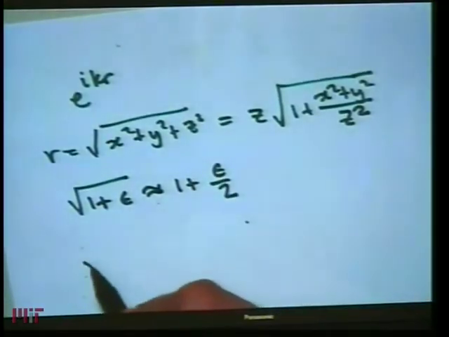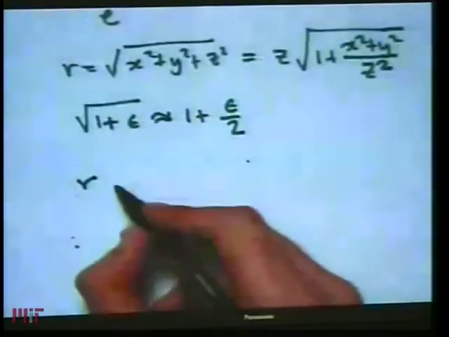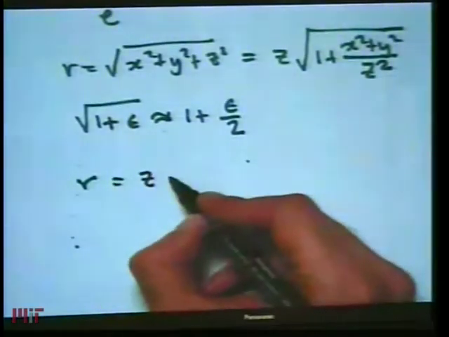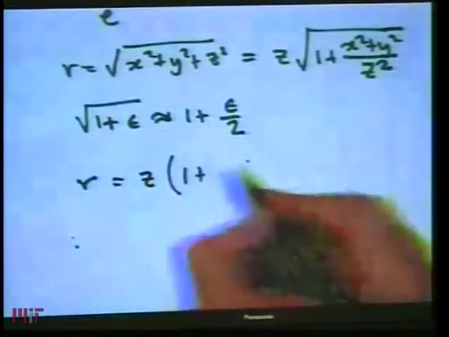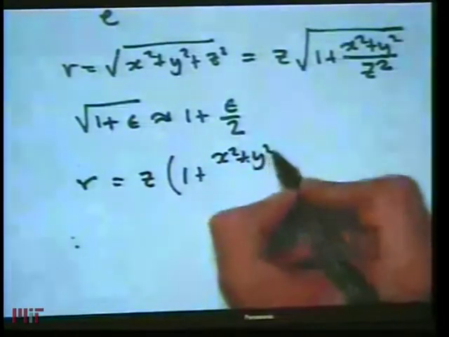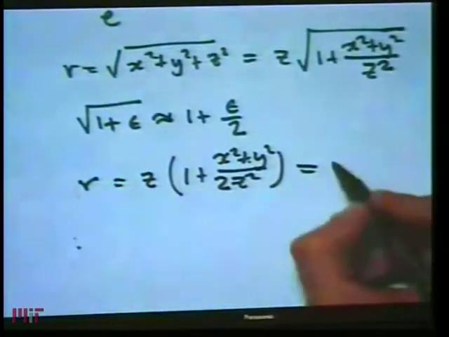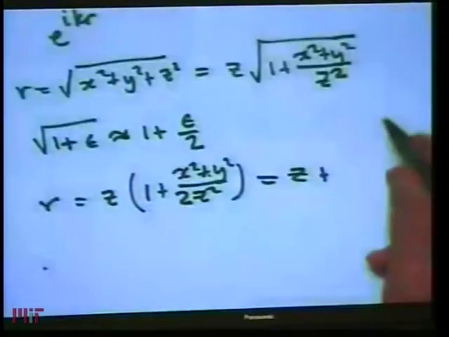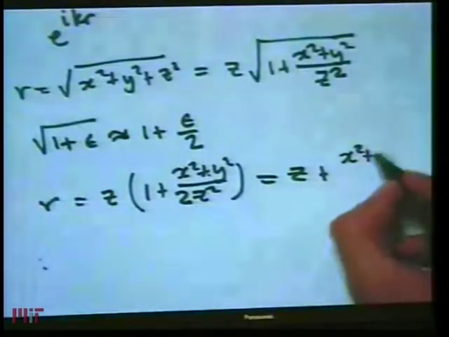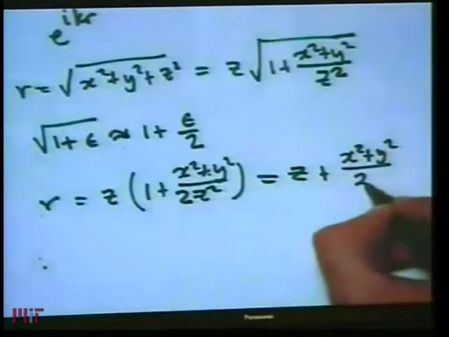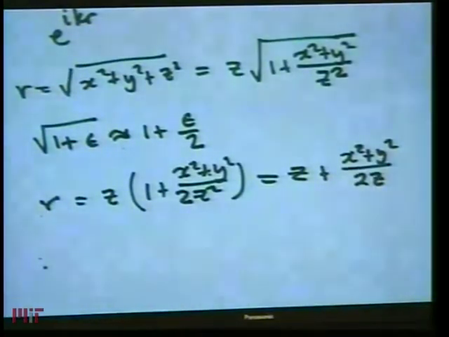And then you can see that r equals z times 1 plus x squared plus y squared over 2 z squared, which is also known as z plus x squared plus y squared over 2z. Okay, so that's the paraxial approximation for the polar variable.